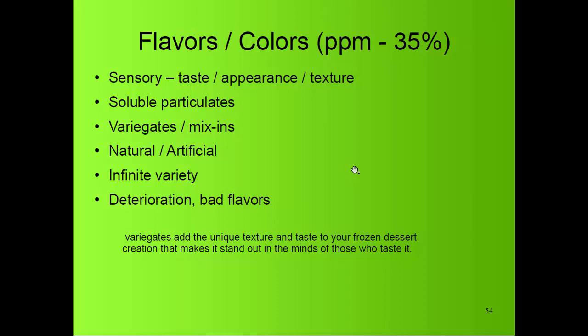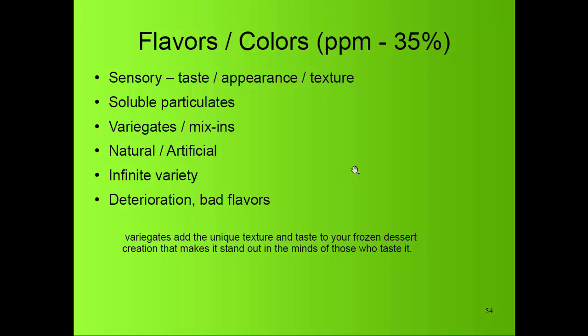So these are mainly for sensory, so for taste and appearance and texture. And they're soluble particulates, so they dissolve, right? And the variegates can be mixed in, so that's anything that you mix in, such as nuts or fruit or candy pieces. They might be natural or artificial.